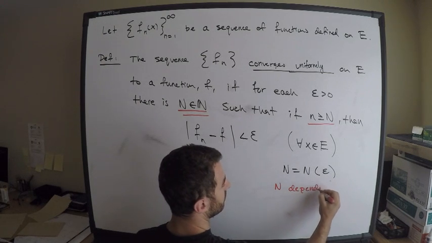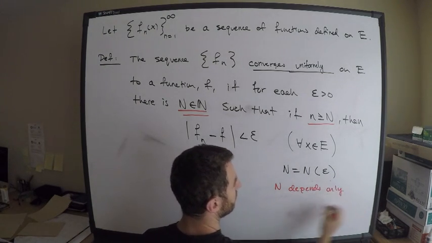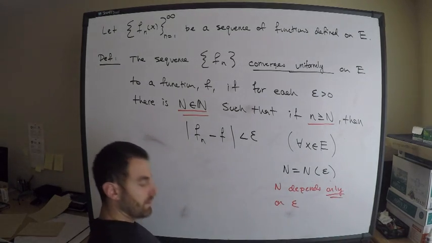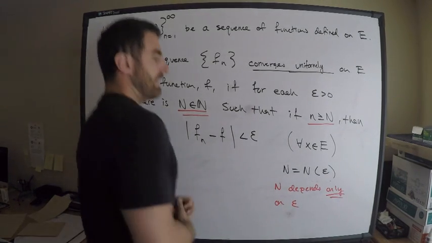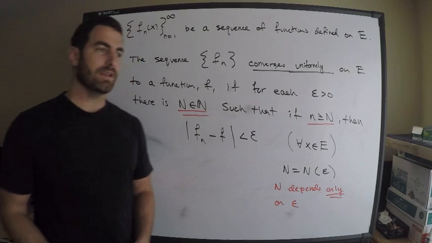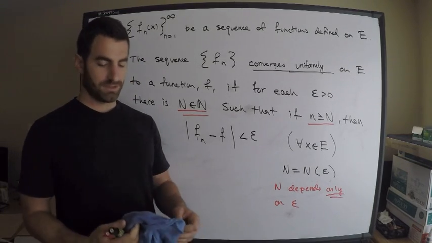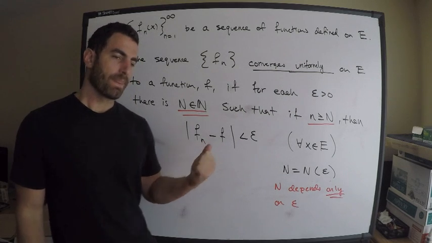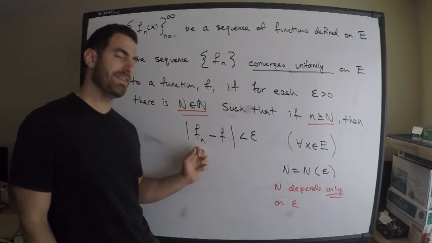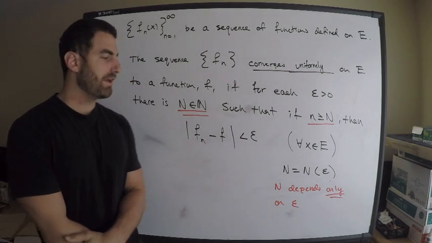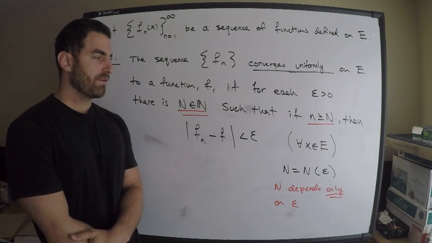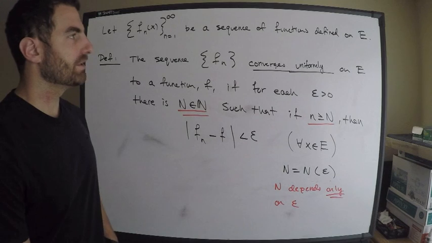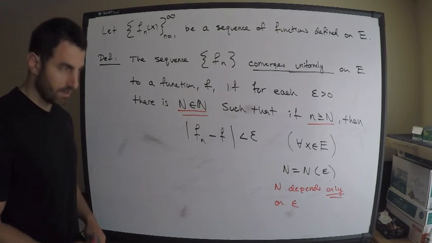And this basically means that I can let x vary, and it should not change the fact that the sequence of functions f_n should converge to f. So hopefully you're seeing that uniform convergence definitely implies pointwise convergence, but the converse is definitely not true.